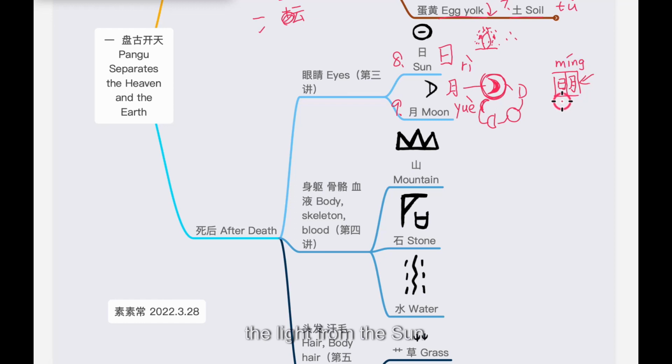The light from the sun and the moon together, called Ming, means very bright, clear. There are other characters having this 月 on the right side. It also means the moon.